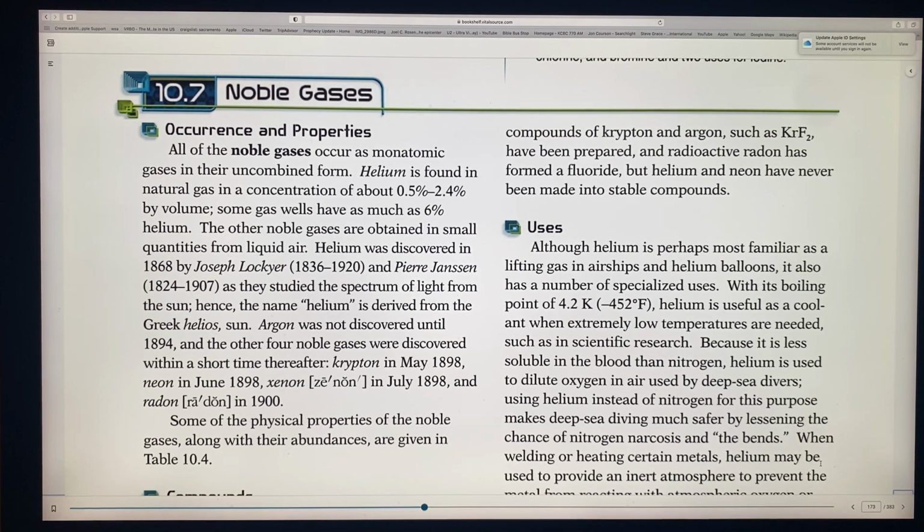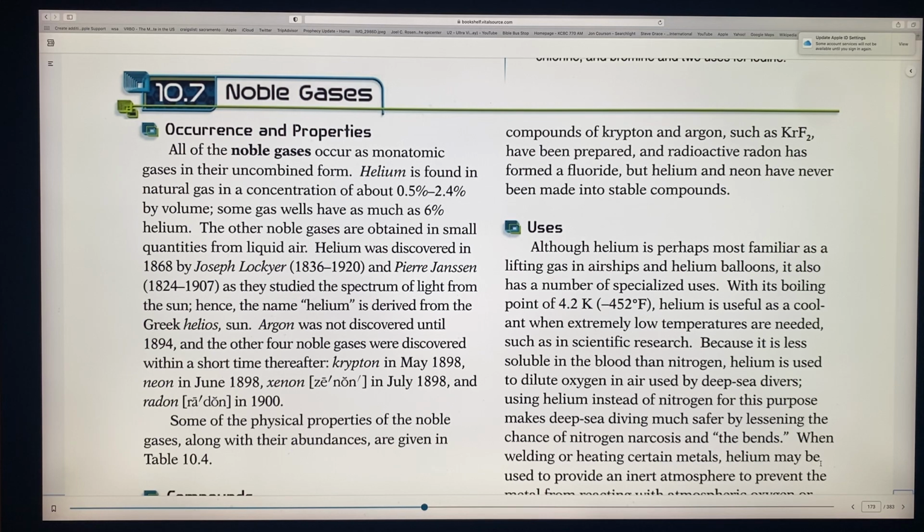Helium, okay, when was helium discovered? Helium was discovered by Joseph Lockyer and Pierre Janssen in 1868, while they were studying the spectrum of light from the sun. Not until 1894 was argon discovered, and then krypton was discovered in May of 1898.